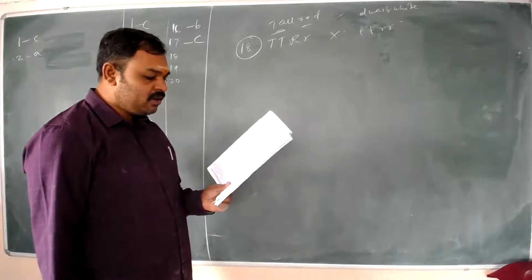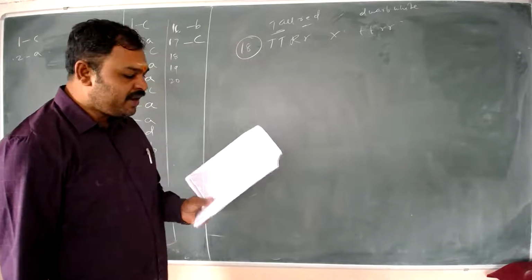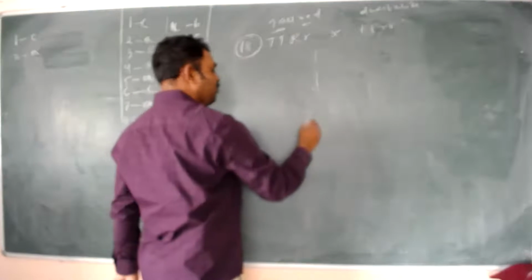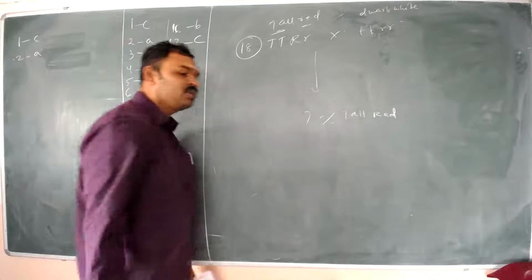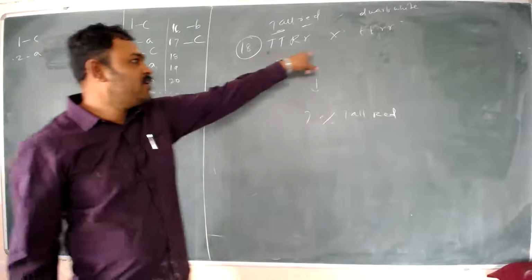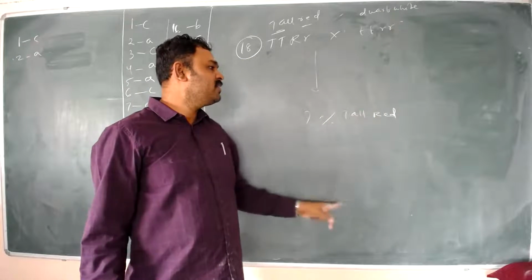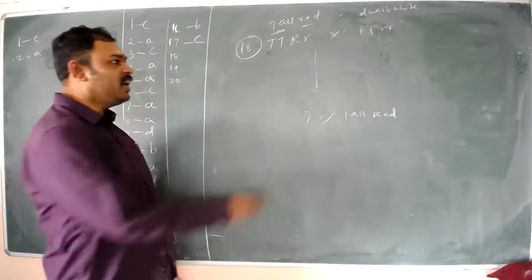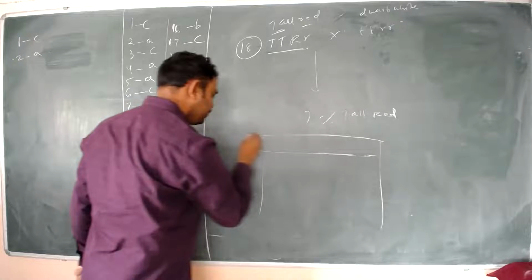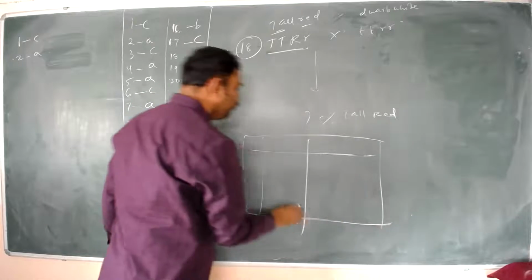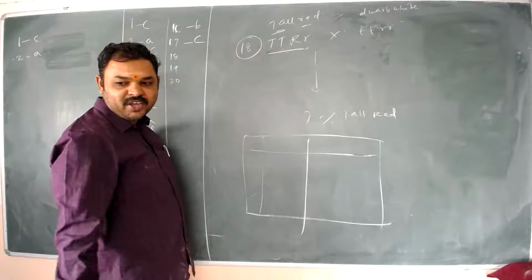What is the percentage of tall and red flower in this cross? If a cross is made between tall red and dwarf white, what percentage of plants have tall red? So how many types of gametes will come from this? If you make a Punnett chart here, this is a Punnett square chart. From this parent, how many types of gametes?